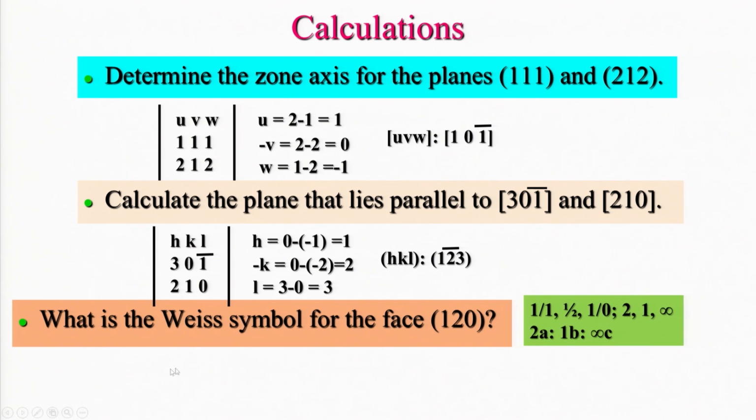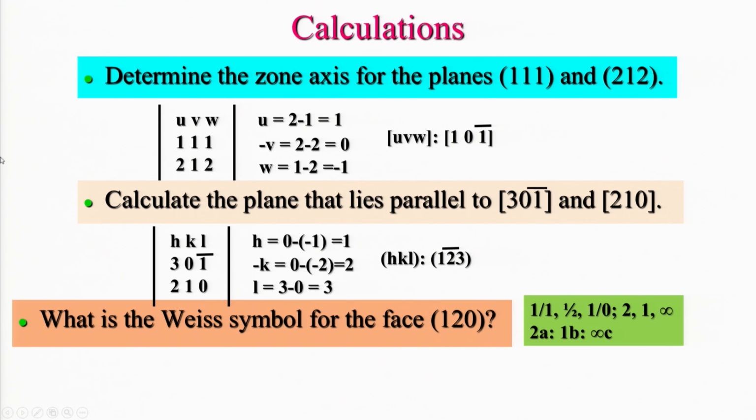What will be the Weiss symbol for the plane 1 2 0? What you have to do? You have to first take the reciprocal of these integers. So, 1 by 1, 1 by 2 and for 0 we will make 1 by 0. If you want to take out the fraction here, we will multiply with 2. So, we now have 2 for the position of a, 2 into 1 by 2 is 1, and 1 by 0 means infinity.